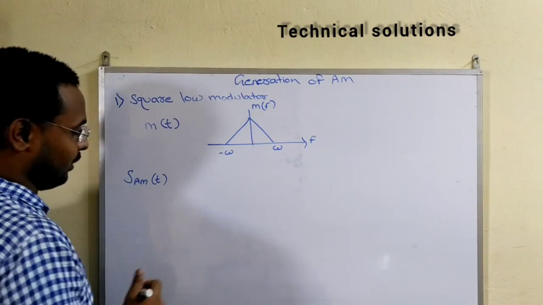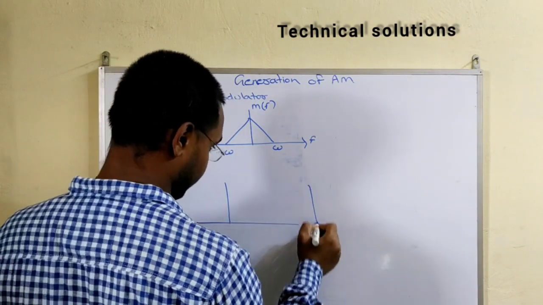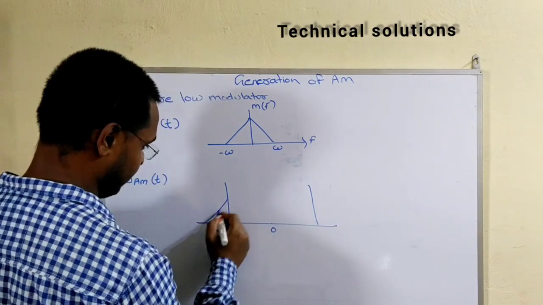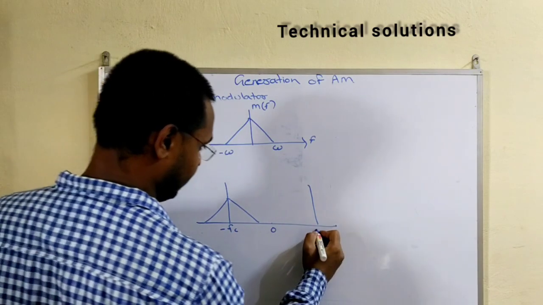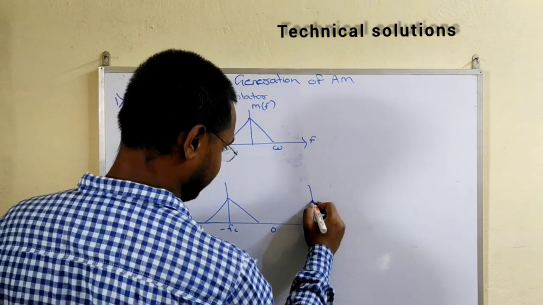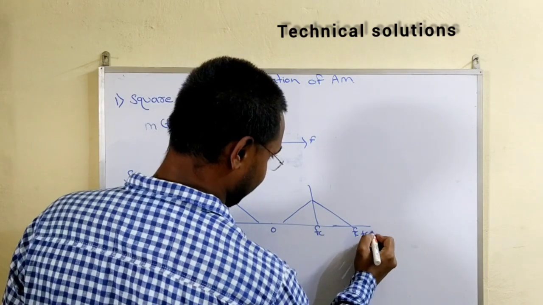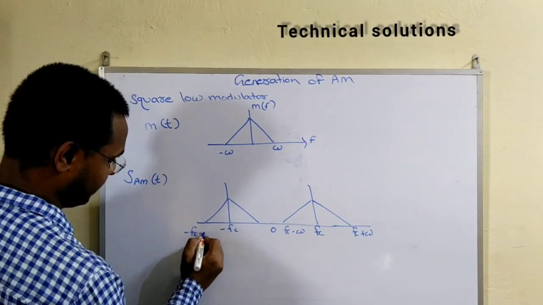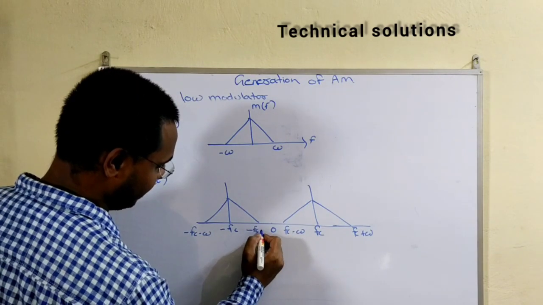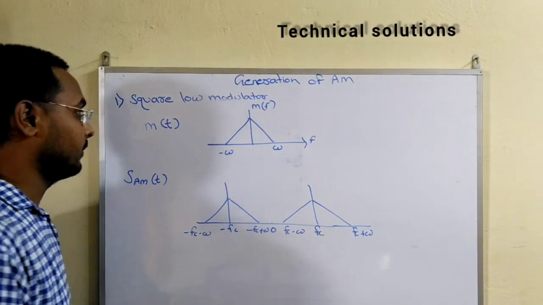Our amplitude modulation signal is what? This is 0. This is minus FC. This is plus FC. This is FC plus omega. This is FC minus omega. This is minus FC minus omega. This is minus FC plus omega. You know it very well. Fine.